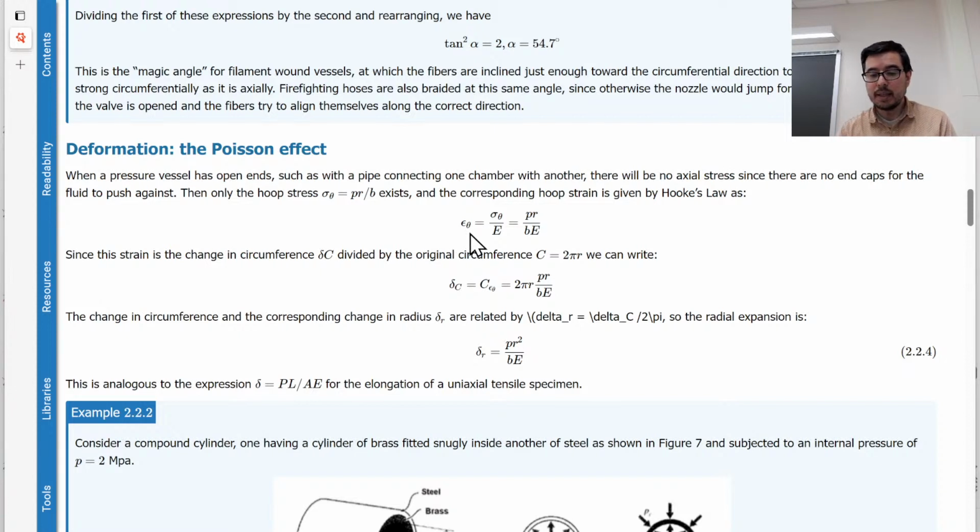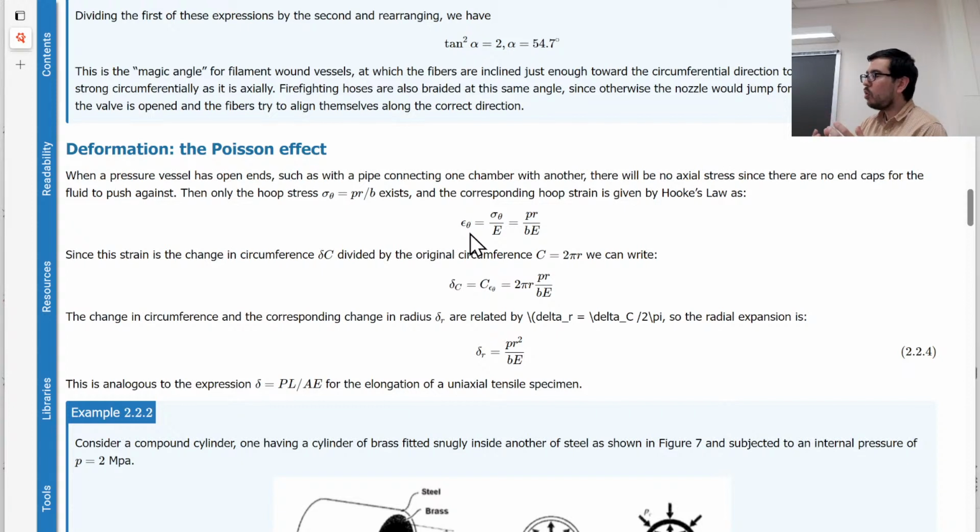And if I multiply the strain by the circumference, by the 2 pi r, that'll give me how much change in circumference I have on this cylindrical pressure vessel. And those have to line up to be the same at that interface.